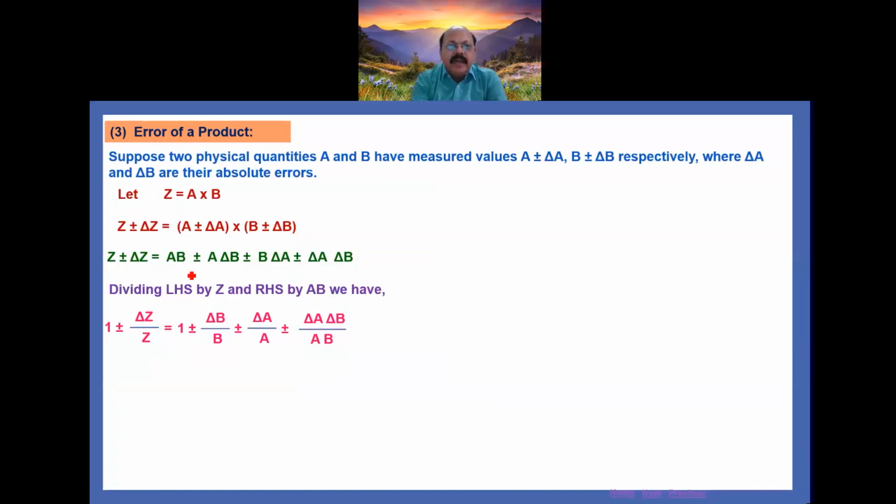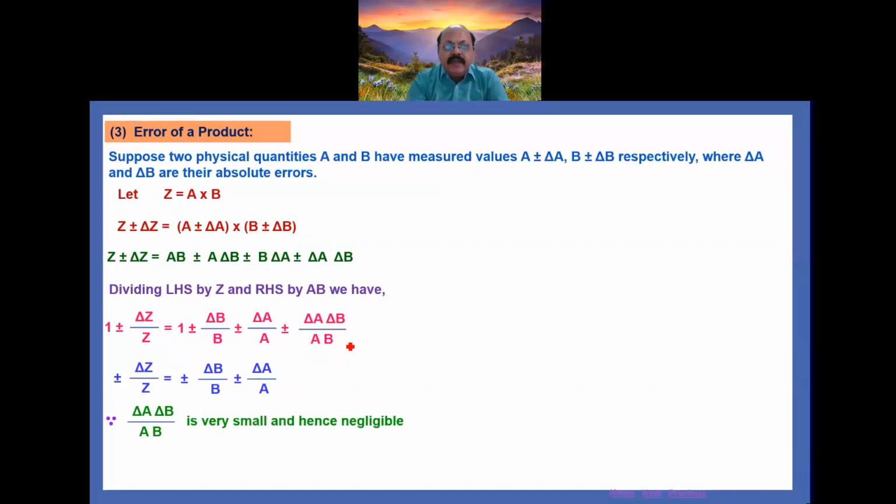So the expression becomes 1 plus minus delta B upon B plus minus delta A upon A plus minus delta A upon A delta B upon B, or delta A upon A into delta B upon B. Now simplify it, then 1 minus 1 becomes 0, and the product of delta A upon A and delta B upon B is very small, so that's why it can be neglected.